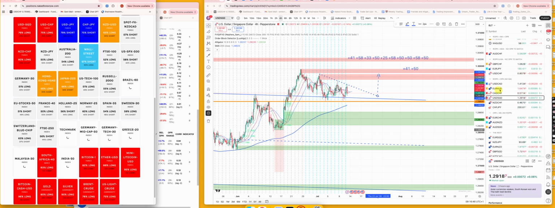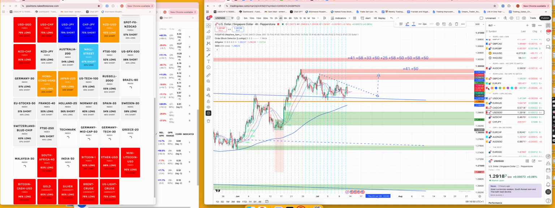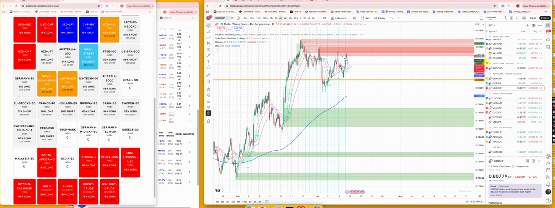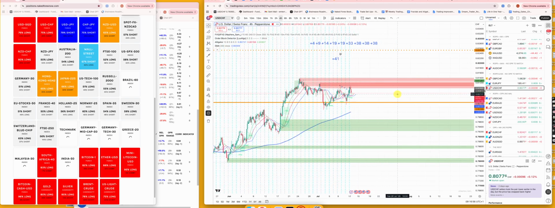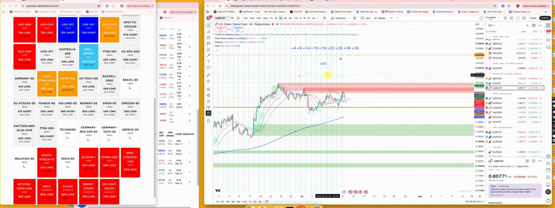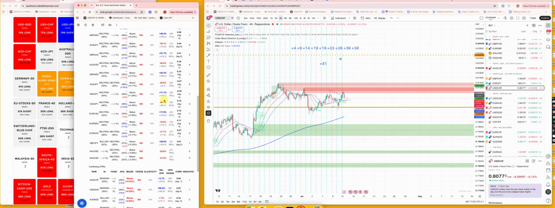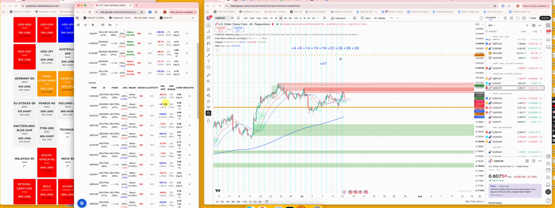USD Swiss. Let's have a look where our numbers are. Plus 47, still bullish on the relative OPRs. Okay.